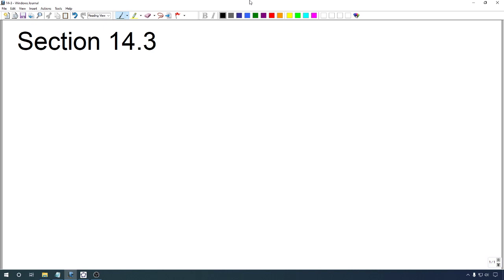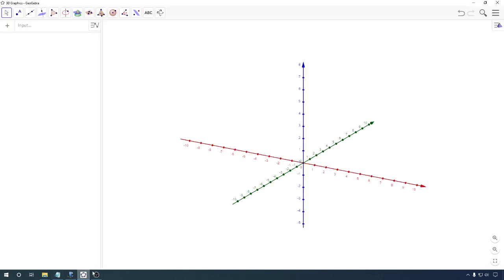However, let's look at the graph of a function of two variables. So let's start off with f of x, y equals 5 minus x squared over 9 minus y squared over 4. So just go ahead and put that in here. I'm going to even name it as f of x, y.